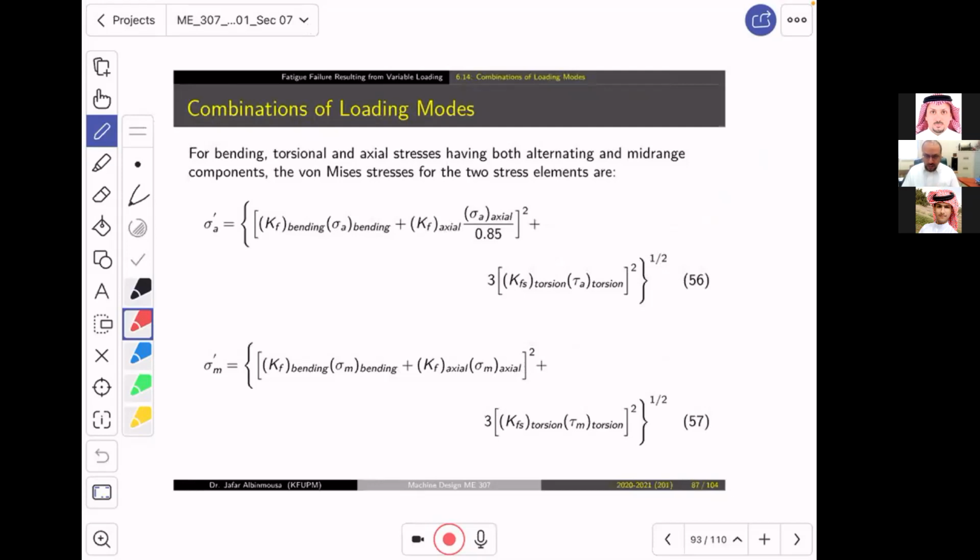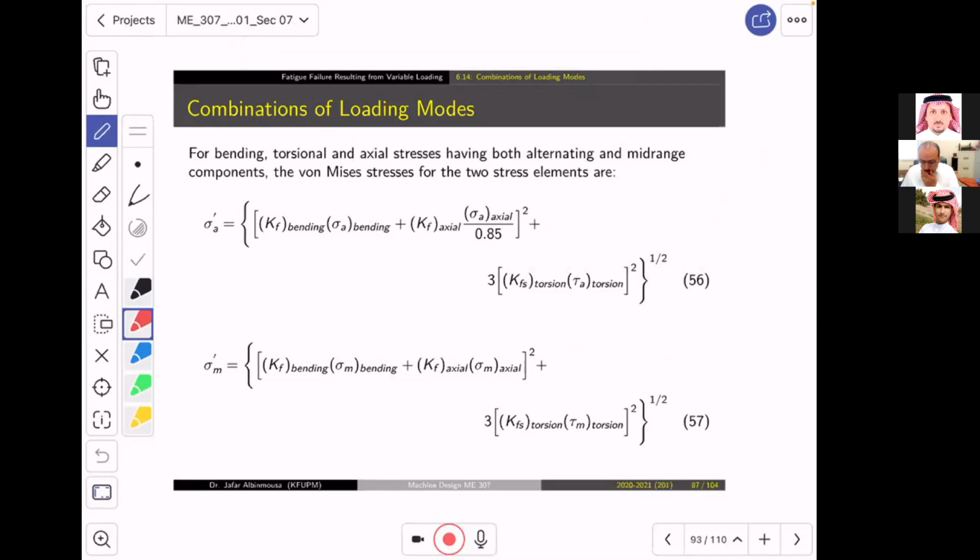combined loading. Now, in real life, you hardly find something which is subjected to uniaxial. Uniaxial means either tension or torsion. In reality, life is more complex, and there are always the two loadings together. Okay?